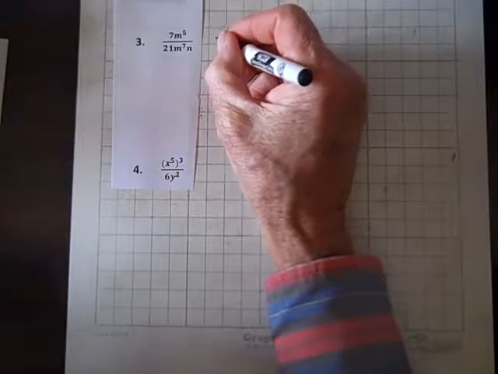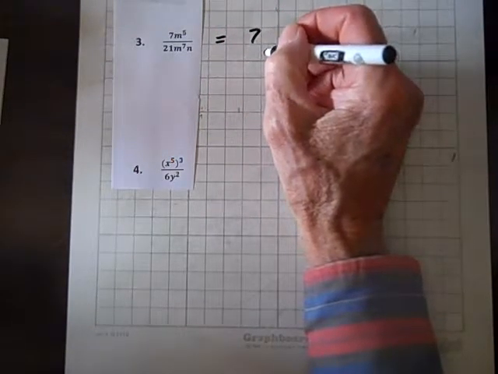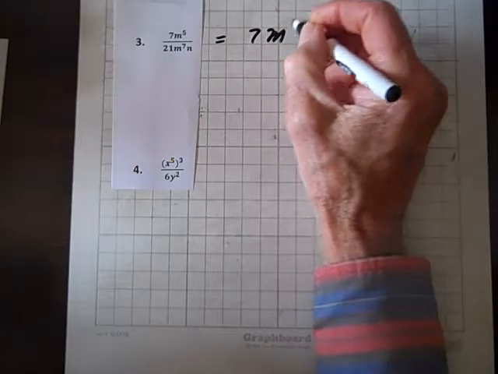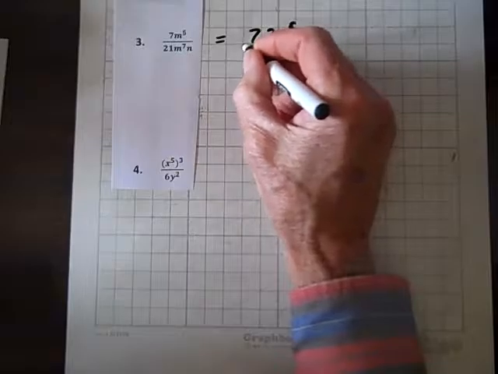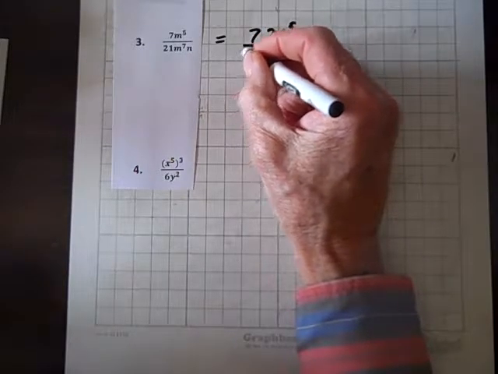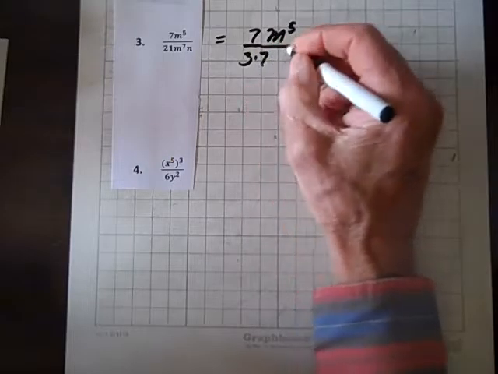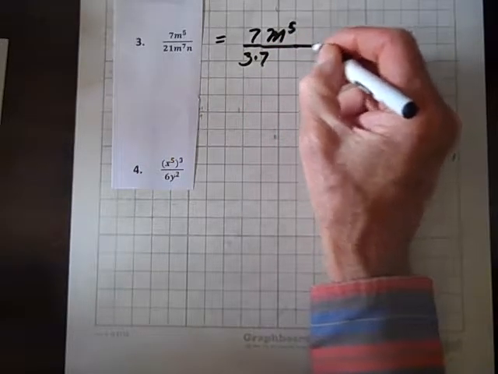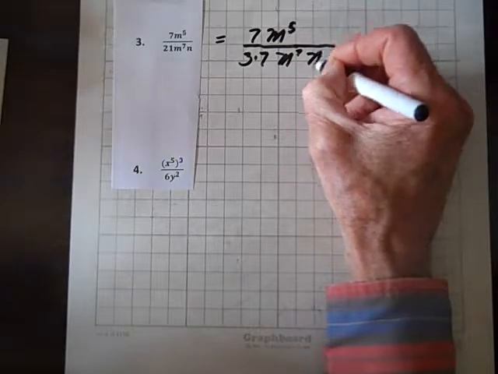Now this equals 7m to the 5th over, and that's the same, 21 as 3 times 7. And we're going to do this a little different. I've got this m to the 7th n.